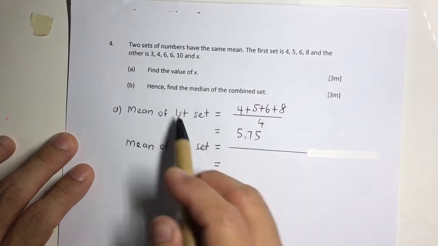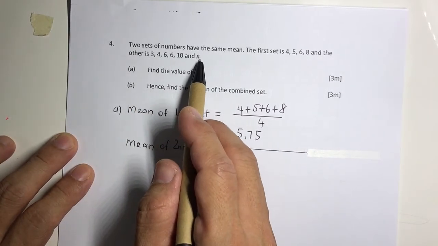The second set of numbers consists of 6 numbers, one of which is unknown.